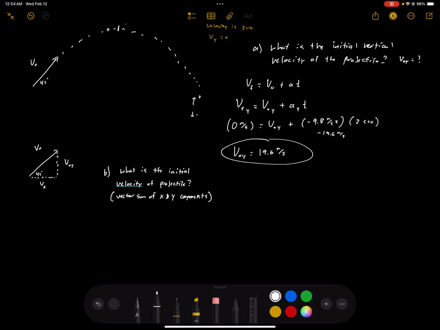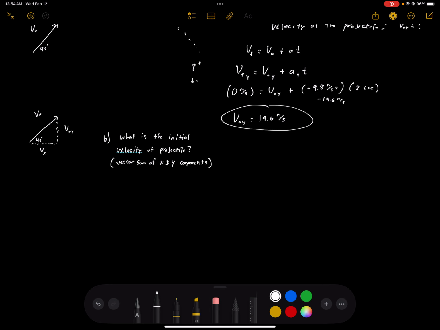The way to think about this one, we know that the y component is going to be equal to v naught times the sine of 45. The reason it's the sine of 45 is that v naught y is the opposite side and v naught is the hypotenuse, and sine of theta is opposite over hypotenuse.